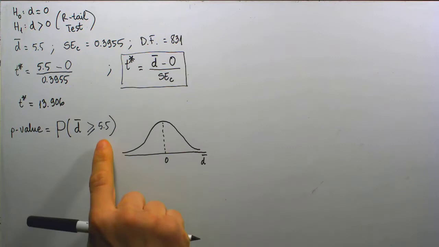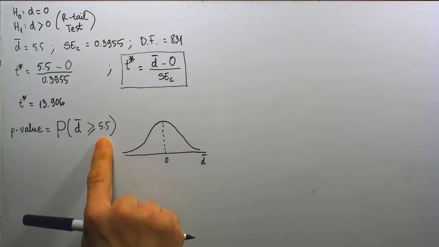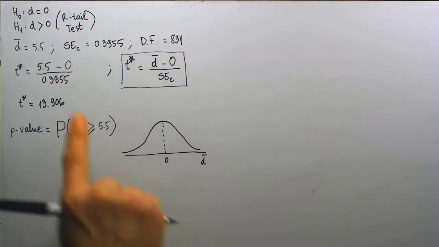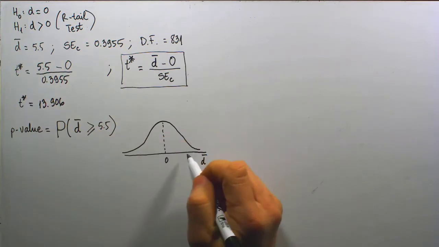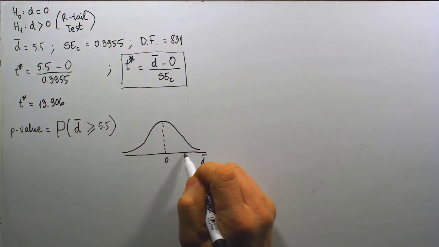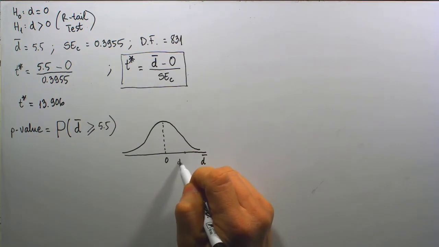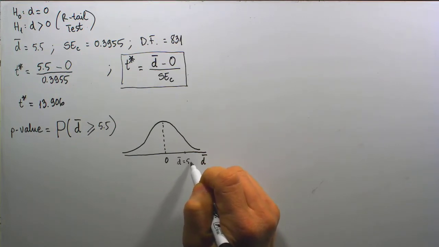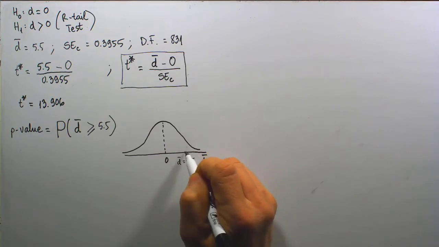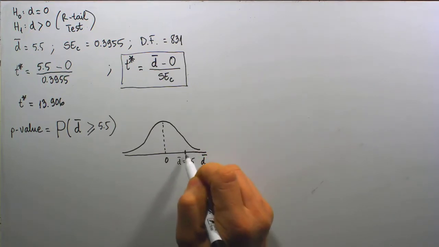So our particular value in our sample stays somewhere to the right-hand side of the bell curve center. So that's what d bar is.